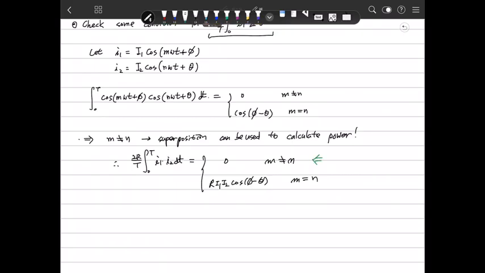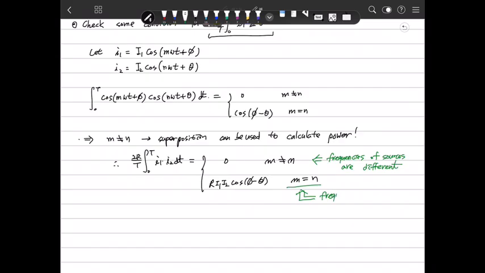The frequencies of the two sources are different. What's the meaning of that?